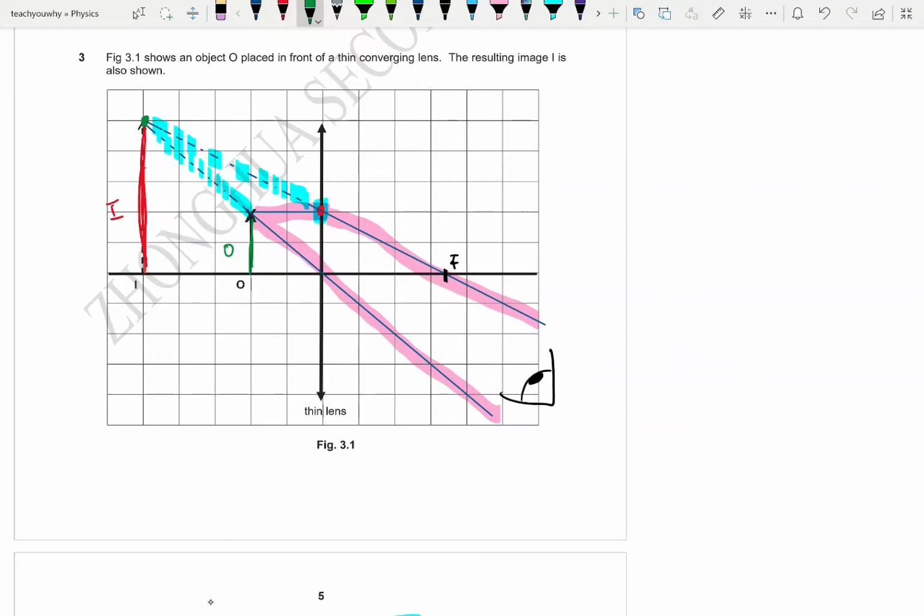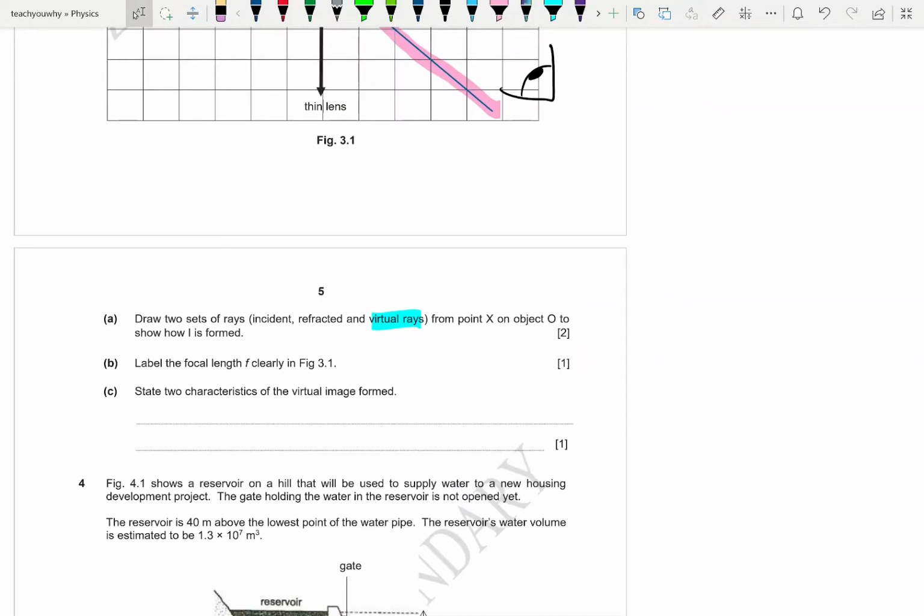We can say that the image has been magnified. Why magnified? Your object is 2 units big, but you see the image as 5 units big. Obviously, this is magnified. It becomes bigger. So we will say that the image is magnified.